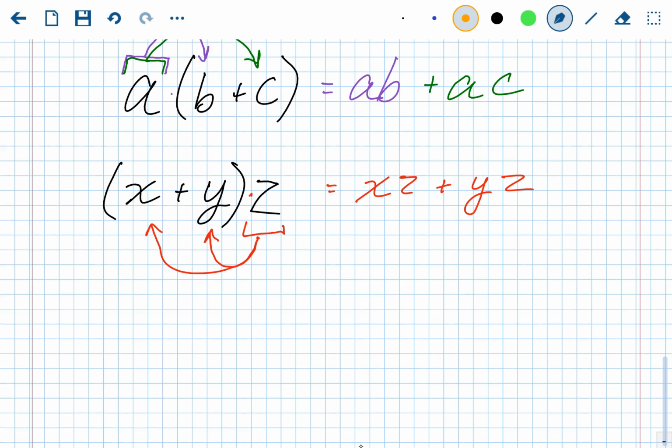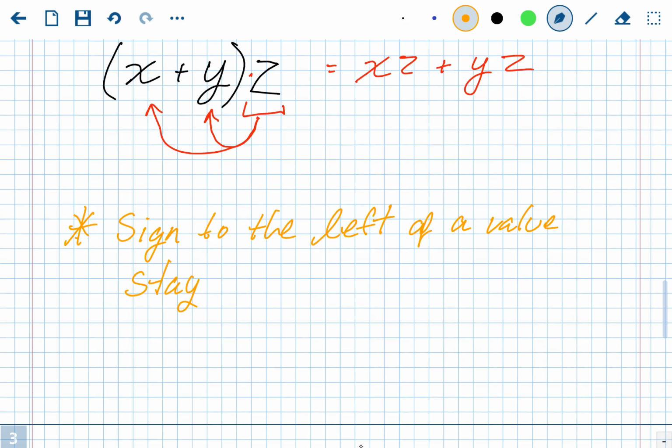One thing you do have to be careful on is the sign. So the sign to the left of a value always stays with that number or variable. So the sign to the left of a value stays with it.